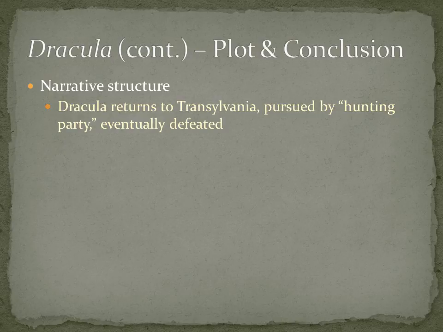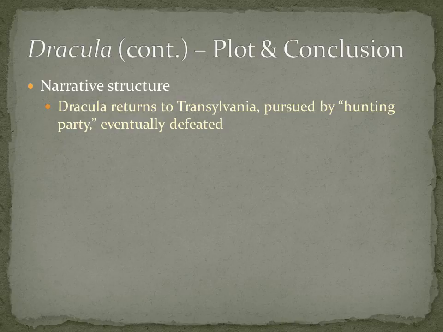So what's interesting is, as they pursue him, he eventually returns to Transylvania, and that's where they eventually defeat him. We talked about, last time, as Harker goes into the east and goes to Transylvania at the very beginning, there's that constant language that he's going deeper into the east.